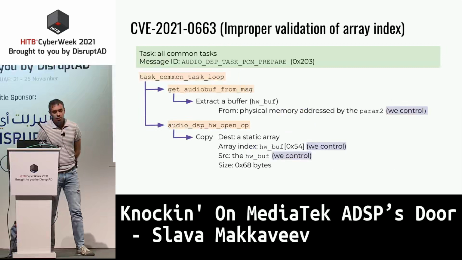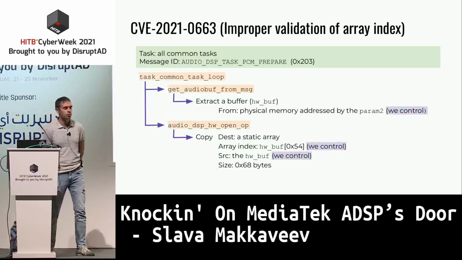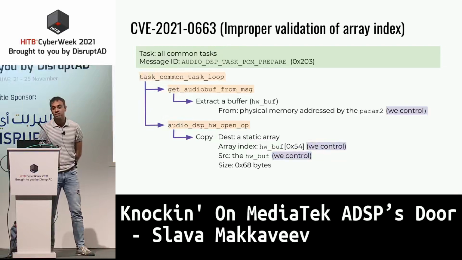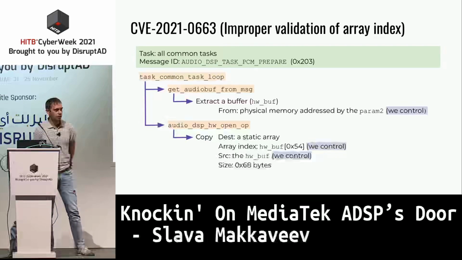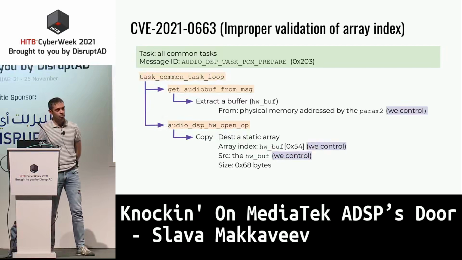Okay. This is the third write vulnerability. When processing a message with ID 203, the task common task loop function calls the get audio buffer from message function to extract an audio buffer from a physical memory addressed by param2. Then this buffer is passed as an argument to the audio DSP hardware open op function, and this function copies this audio buffer to a static array.